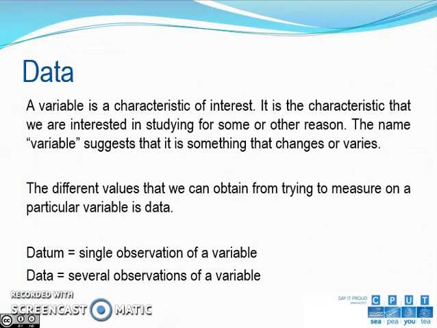So, datum is a single observation, and data is what we speak about commonly. Let's just go through that definition before we start anything else. Data is a variable or a characteristic of interest. It's the characteristic that we are interested in studying for some reason.